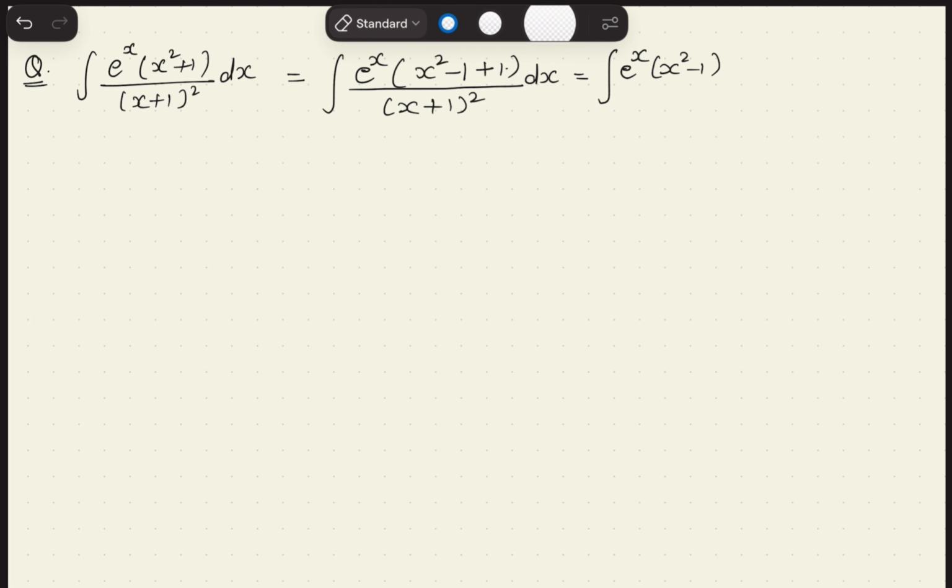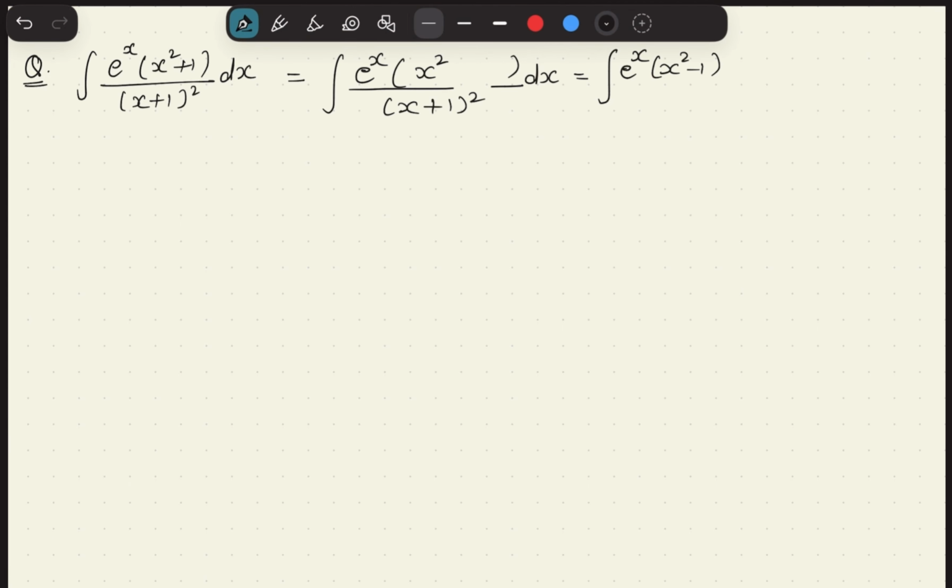So here minus 1 plus 1 and this plus 1 which we already have, over x plus 1 square dx, plus 2 into e to the power x upon x plus 1 whole square dx.